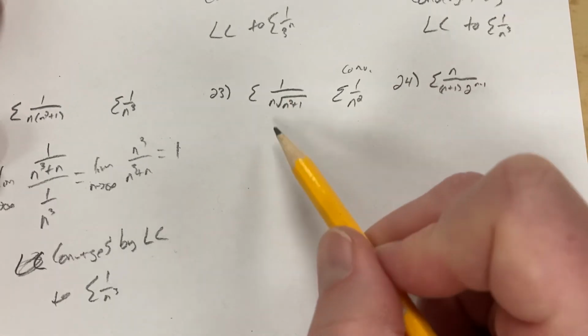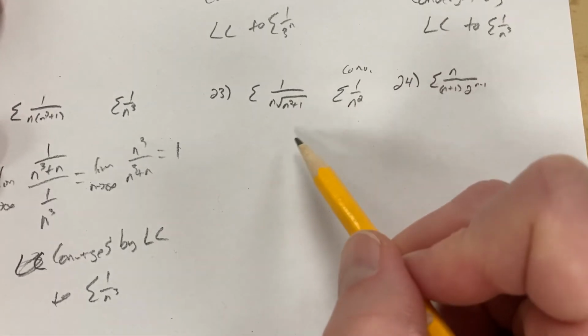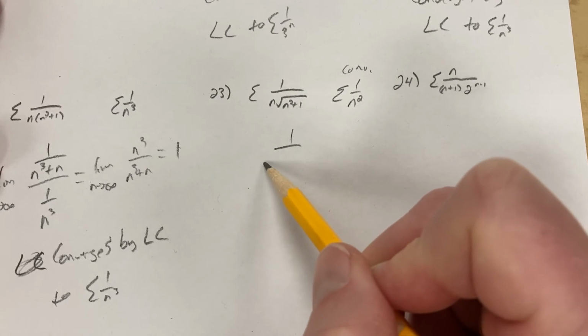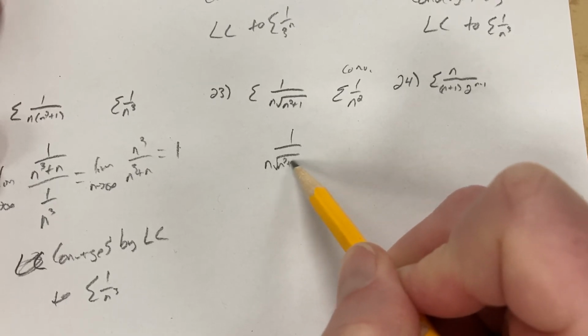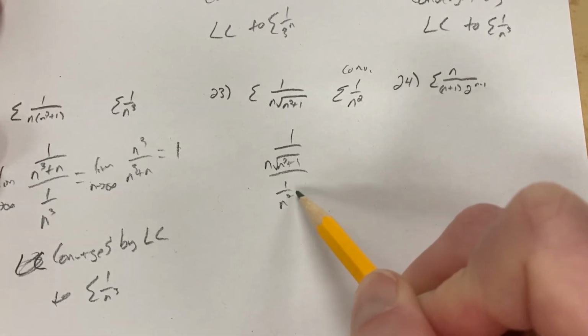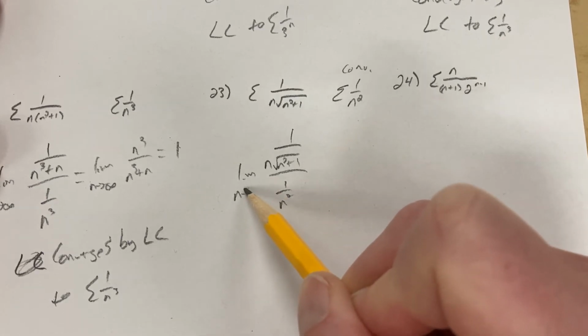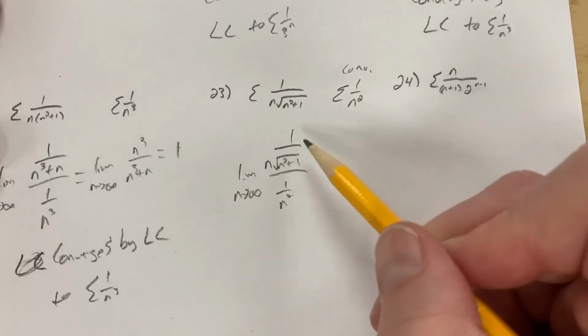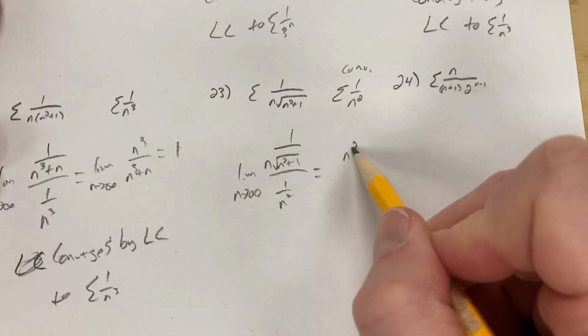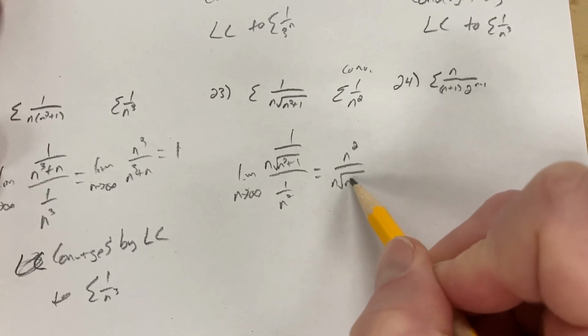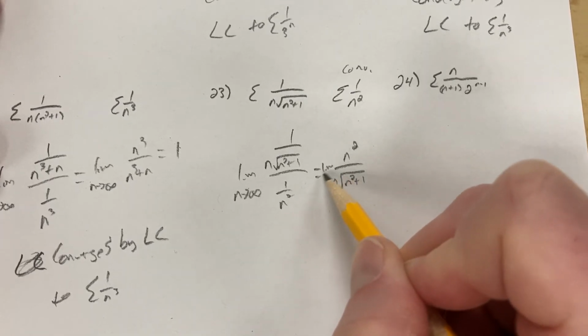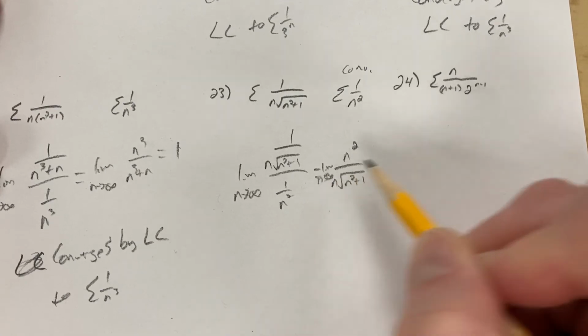All right, so then if I say, well, I'm not sure how it compares, but if I go 1 over n squared over the square root of n squared plus 1 over 1 over n squared, take the limit as n goes to infinity of that, flip that over, I get n squared over n times square root of n squared plus 1. Take the limit as n goes to infinity of that.